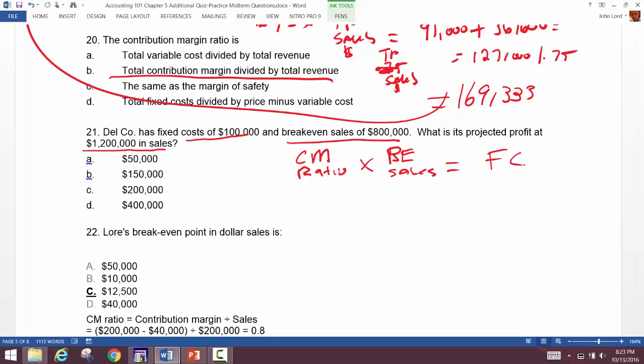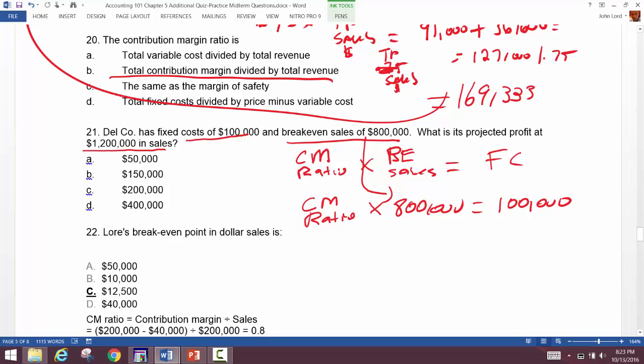Okay, so this problem didn't give me everything I need to get the contribution margin ratio, but it did tell me the break-even sales are 800,000, didn't it? And it also told me that the fixed costs are 100,000, right?